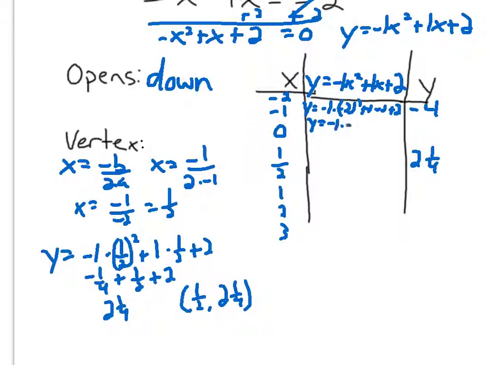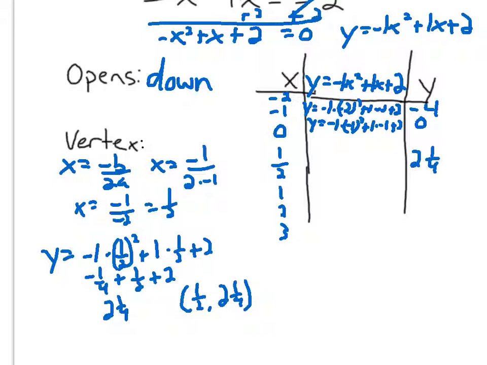Negative 1 times negative 1 squared plus 1 times negative 1 plus 2. Negative 1 squared is 1, times negative 1 is negative 1, plus this makes negative 1, so that is negative 2 plus 2 is 0.